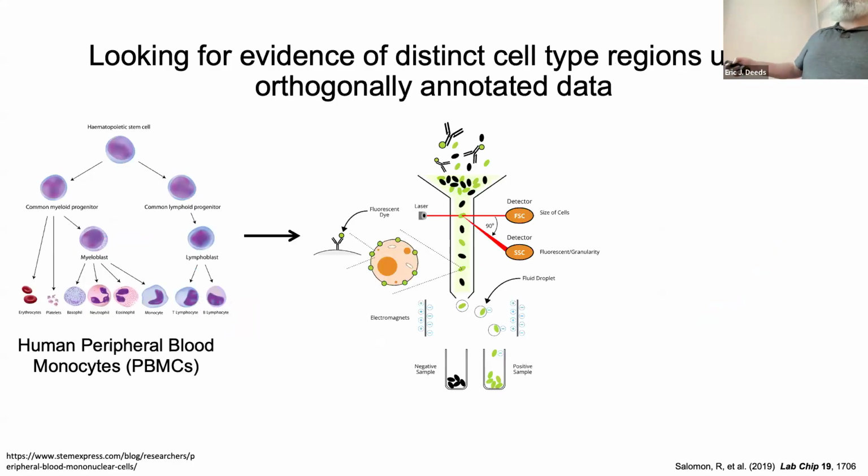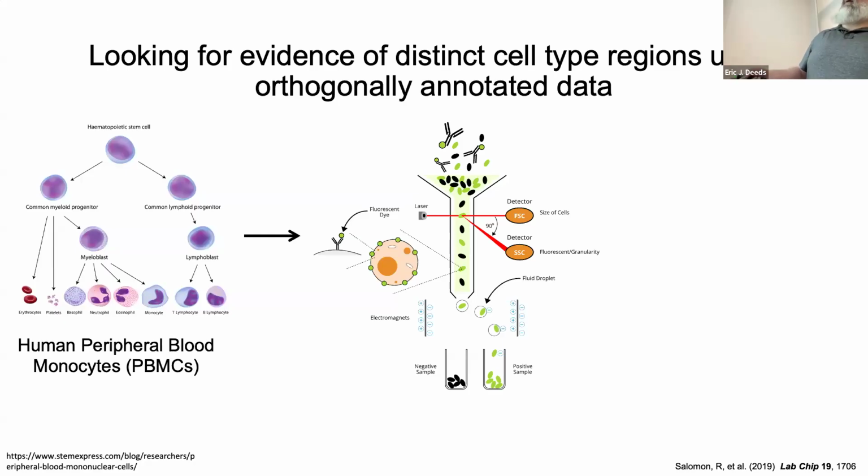And we applied this first to a very old data set now, but one that's very nice, because this is actually from the 10x company themselves, one of the main providers of single-cell RNA sequencing kits and instruments.